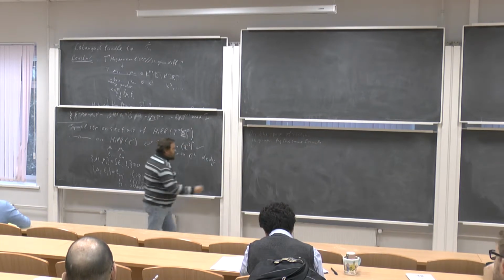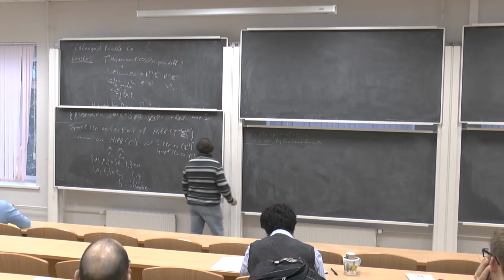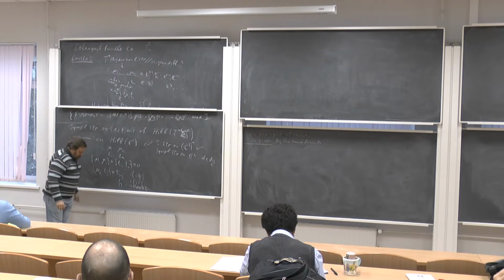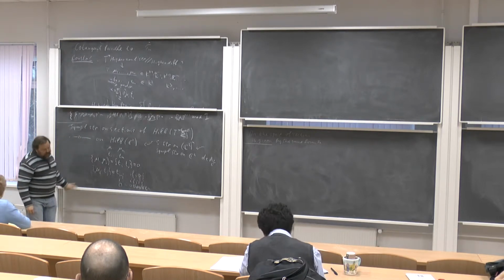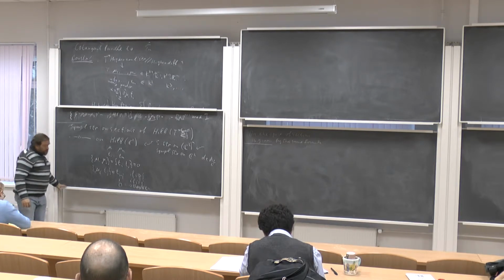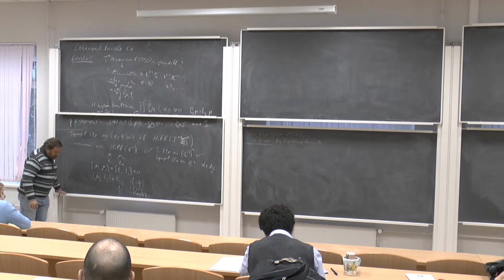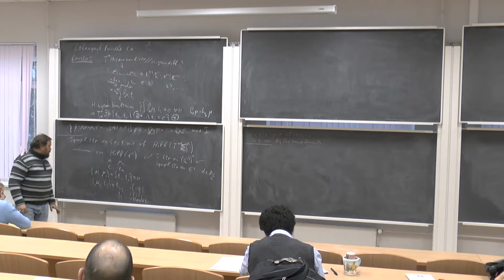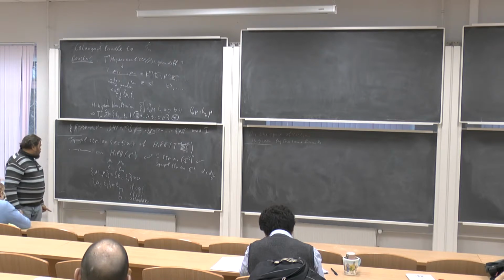Okay, so this is a remark about the Poisson structure on the space of sections of the Hilbert scheme. So it will be the same formula at one point, but at different points they will just commute.